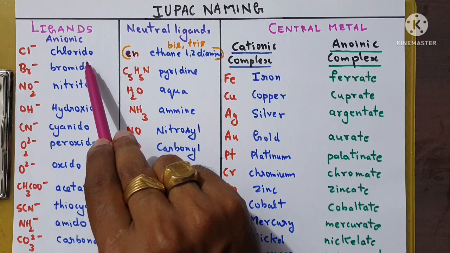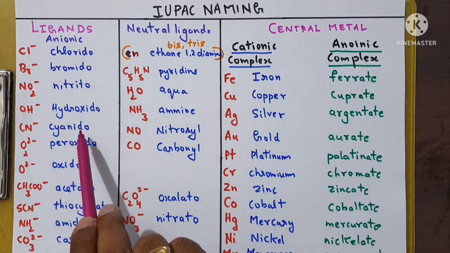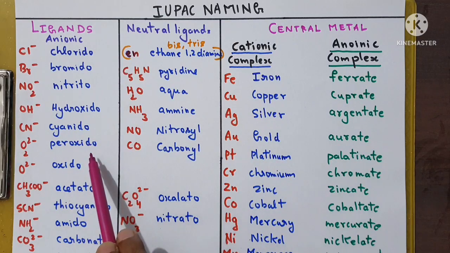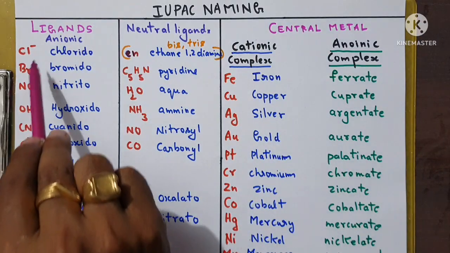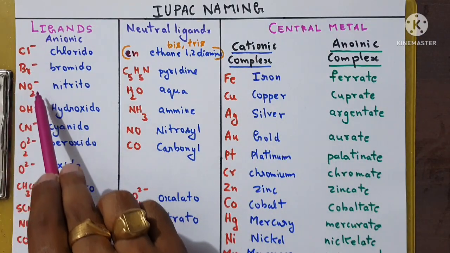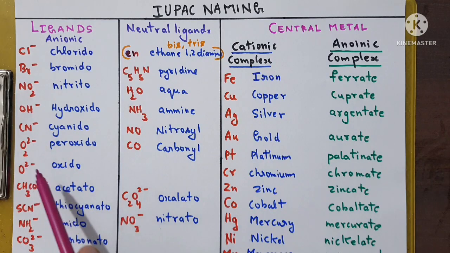There is chlorido ligand, bromido, nitrito, hydroxido, cyanido, peroxido, oxido, acetato, cyanato, amido, carbonato, sulfato. All these ligands have some charges: -1, -1, -1, -1, -1, -1, -2, 2 minus, 2 minus. You should know these ligands with their charges, children.